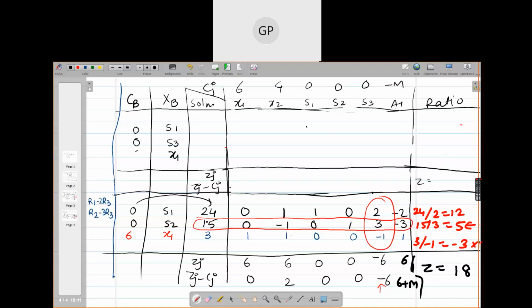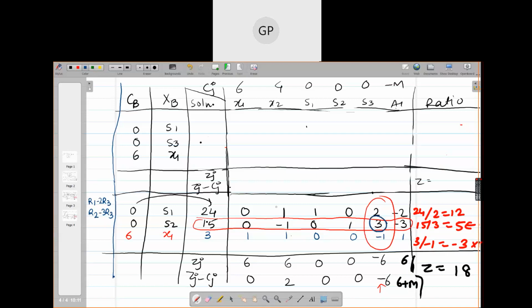x1 is already there. Now S2 I have replaced by S3. And now what is its solution? What is the pivot element here? 3.